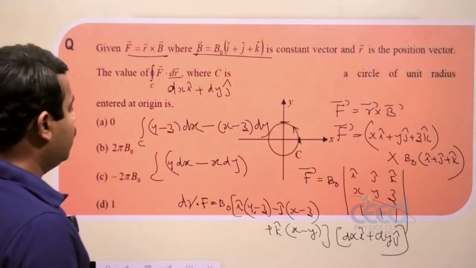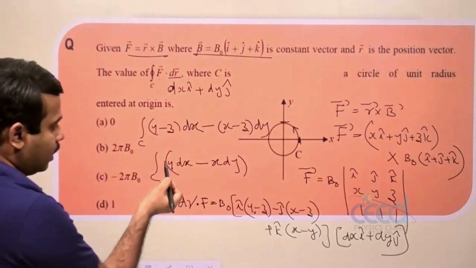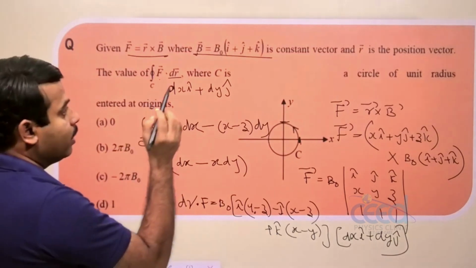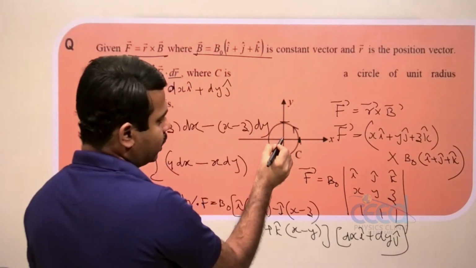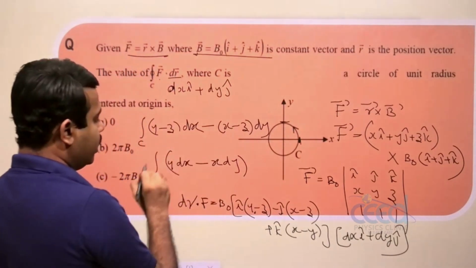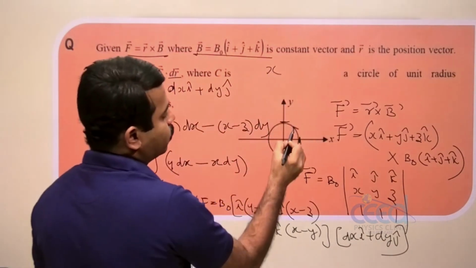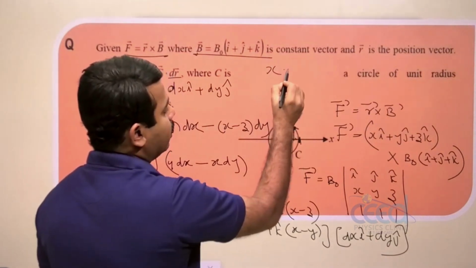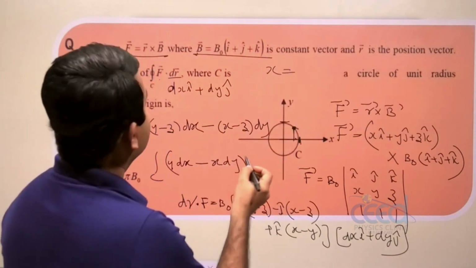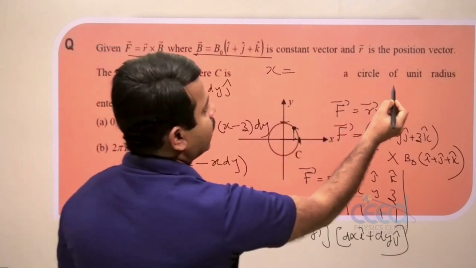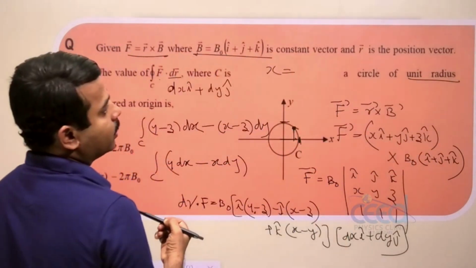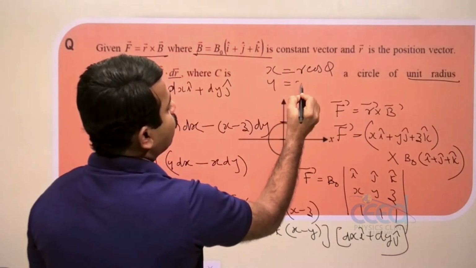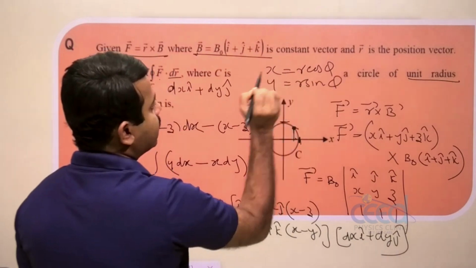Alright. Now we can convert here, look here, y is equal to what? Suppose in the plane polar coordinate system, a point you consider here, then x is equal to r cos theta, y is equal to r sin theta, but the radius is 1.